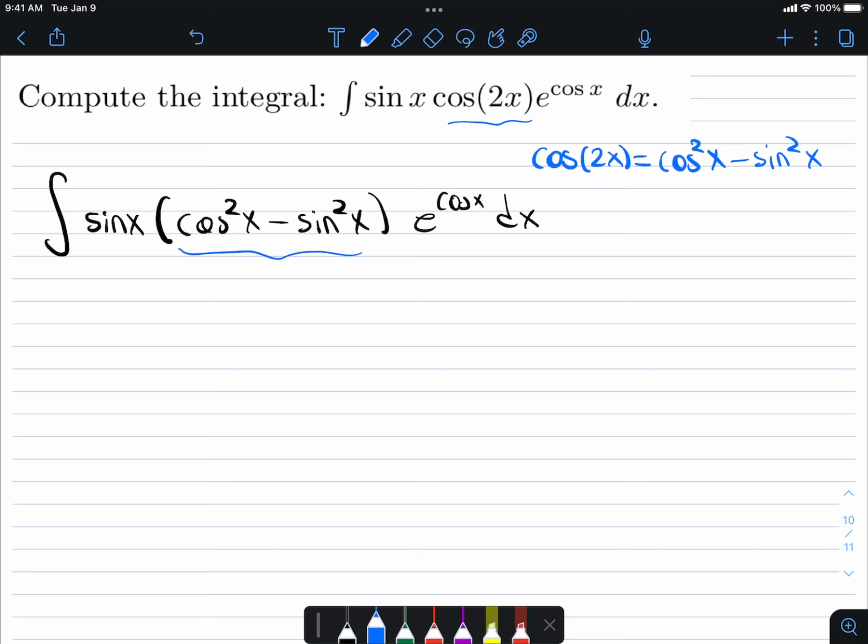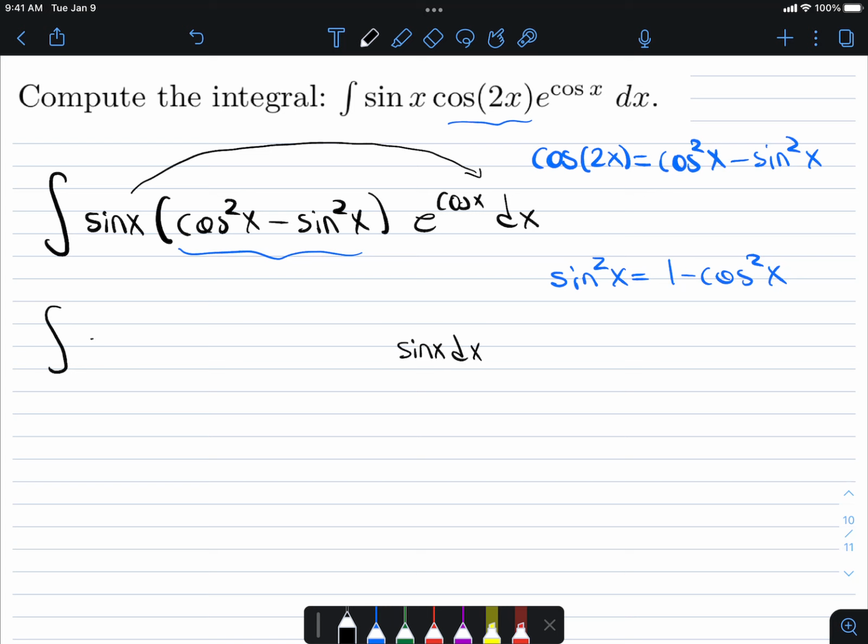My next change is to make sine squared x as 1 minus cosine squared x. So I'm going to make this change. I have my sine, and just to be practical, I'm going to put this sine right over there. So sine x dx. And then I'll keep the e to the cosine x right here. And now I'll handle this blue part, which will be cosine squared x minus, and remember that the sine squared is 1 minus cosine squared.